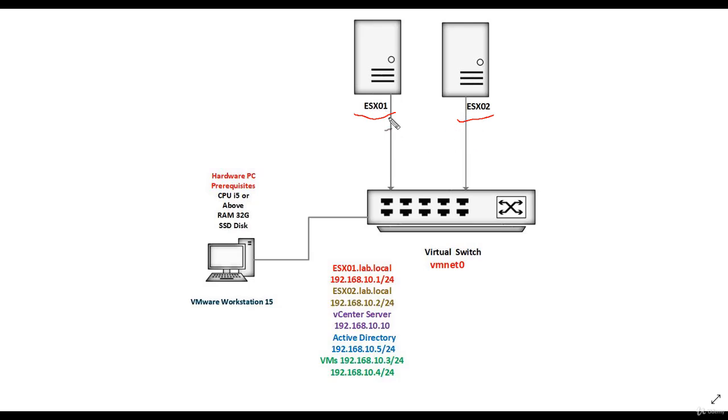These 2 ESXi hosts are connected to the same VM network here, which is VMnet 0. And these are the IP addresses. We're going to use 192.168.10.0/24 for ESXi 01, ESXi 02, vCenter server, and Active Directory. And we need more IPs for our virtual machines here.